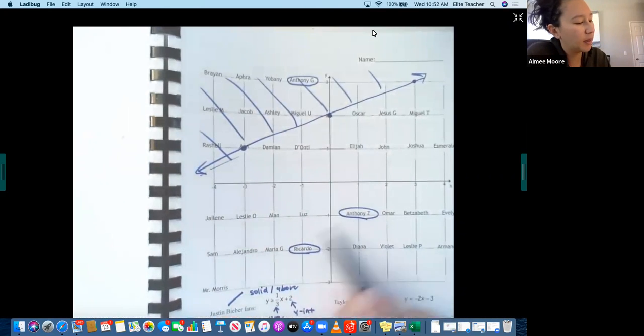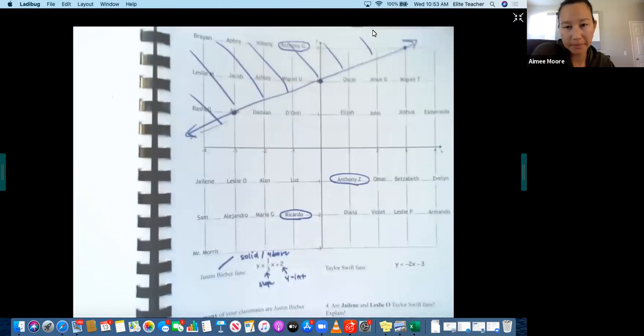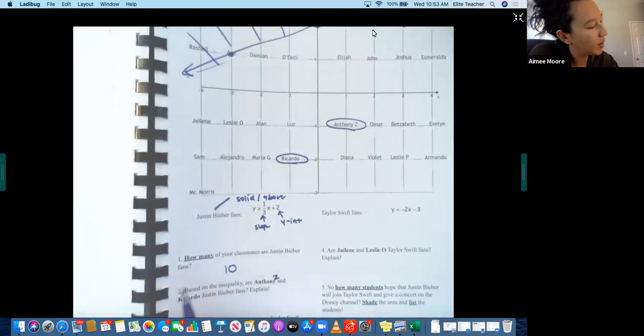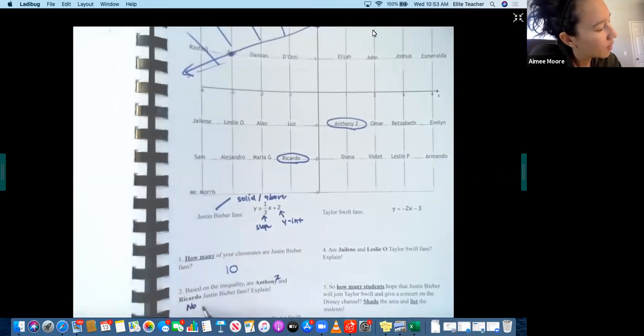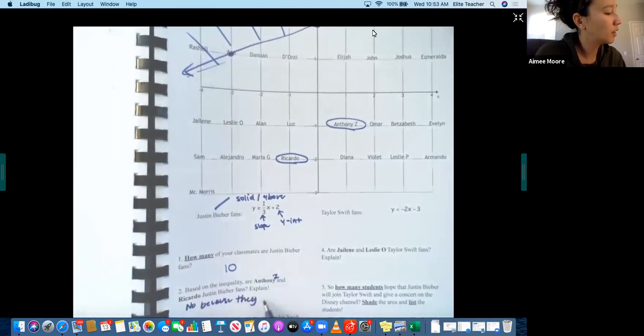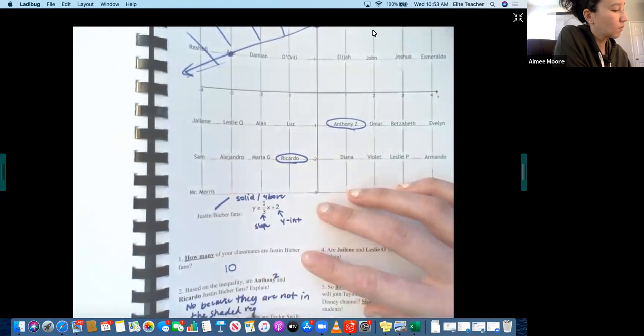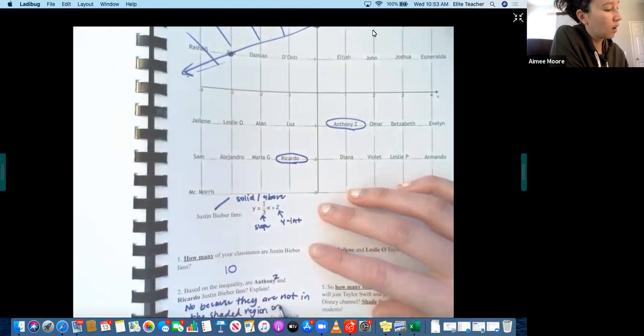I think they're probably thinking these two. Let's say Anthony Z. Are Anthony Z and Ricardo Justin Bieber fans? The answer would be no, because they are not in the shaded region or on the line.